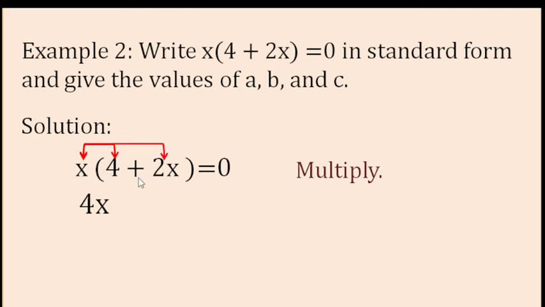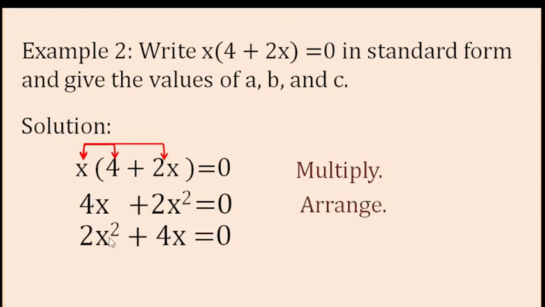And then we multiply x times 2x, that will give us 2x squared. Then equals 0. Then we arrange: the quadratic term, linear term, and constant. So we have 2x squared plus 4x equals 0. So a here is 2, b here is 4, and notice that we don't have the constant term, so c equals 0.